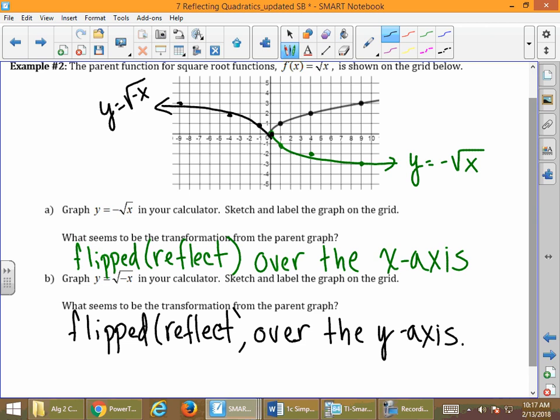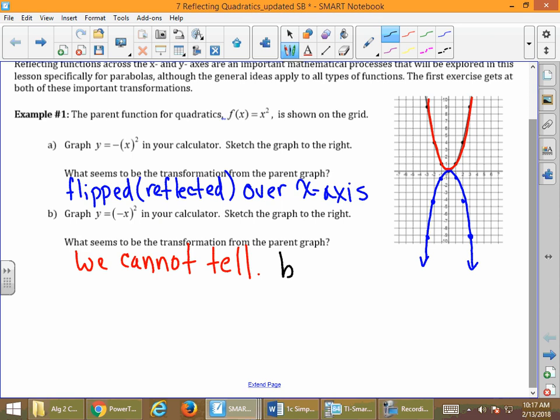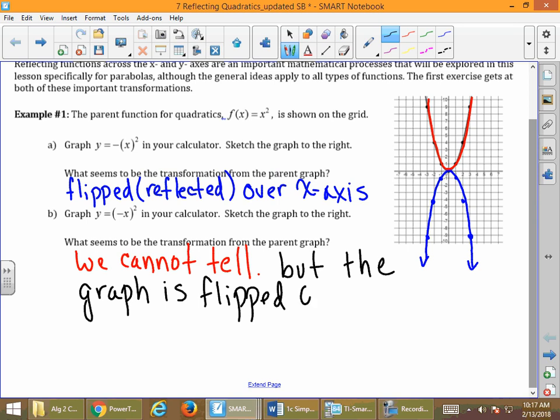So we can go back here to 1b. Now that we've seen it, we cannot tell, but the graph is flipped over the y-axis. It just doesn't show up in our picture.